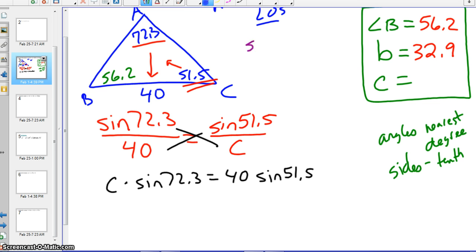Now we're going to do the exact same process for side B. So in this case, we still can use the information we had from A, sine of 72.3 over 40, but set it equal to B and the side opposite, so sine of 56.2 over side B. We cross multiply.